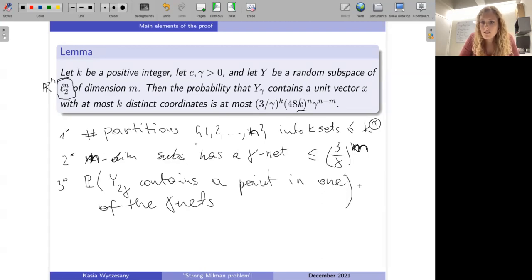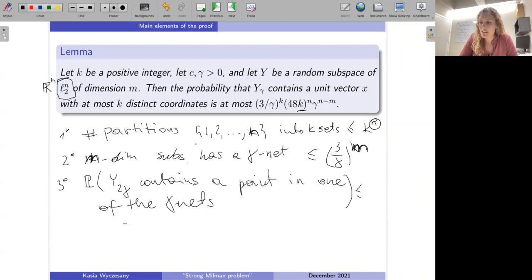Okay, and this can be shown again by a standard volumetric argument: you can now fix a subspace and instead look at a random vector, and say there is again the gamma net of the subspace, and the spherical cap around the point has volume at least, say, c times c to the n times gamma to the n minus m.